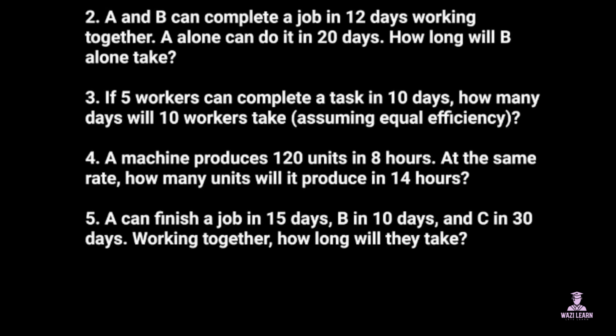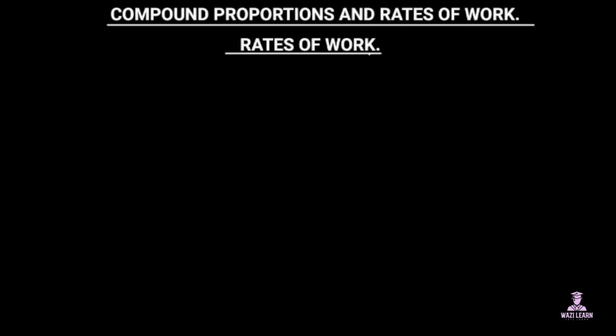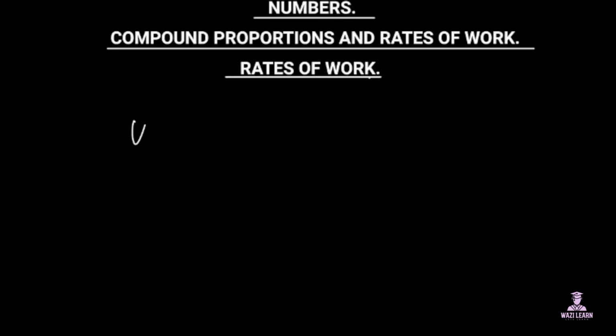So our next example is a machine produces 120 units in 8 hours. So we have units and hours. Just arrange your work. So 120 units in 8 hours.